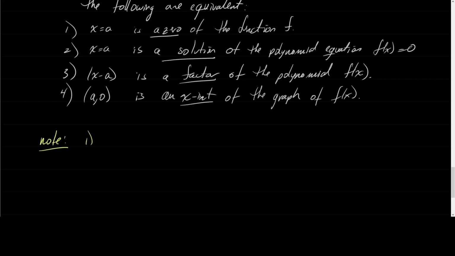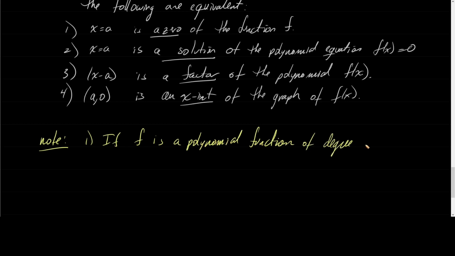So the first note: if f is a polynomial function of degree n, it has at most n real zeros. All right, notice I'm saying at most n real zeros. We'll talk about that a little later.